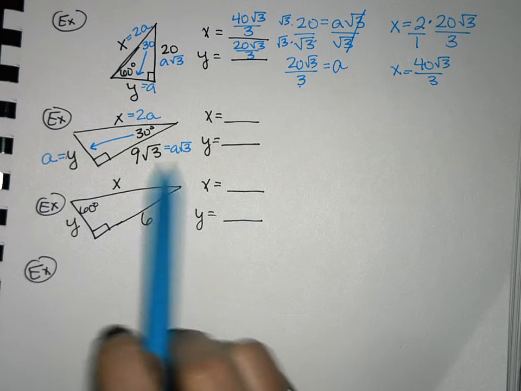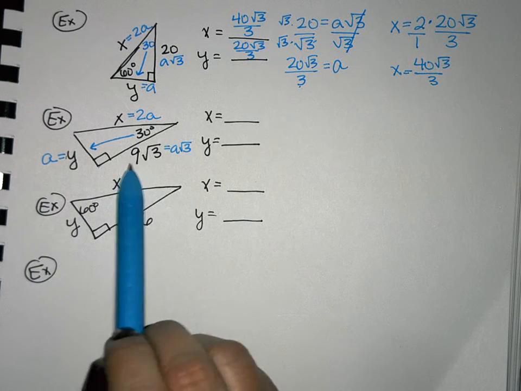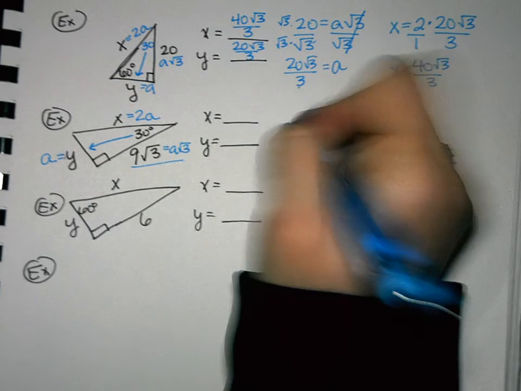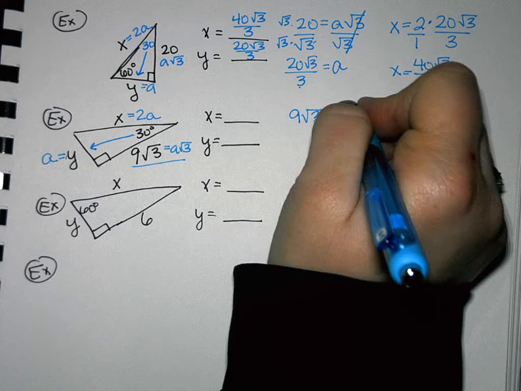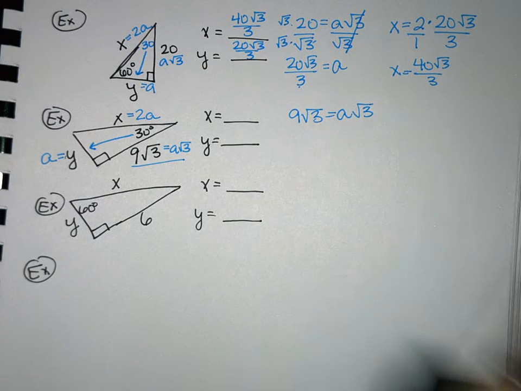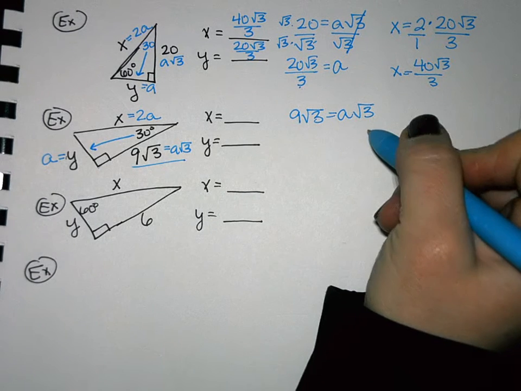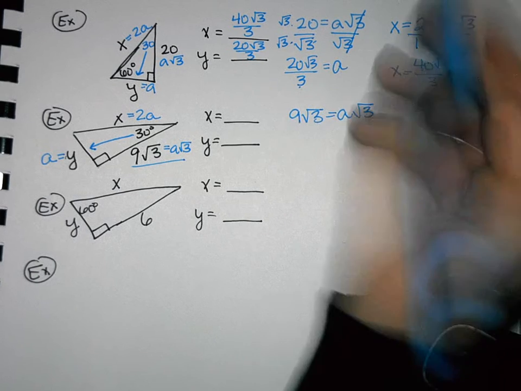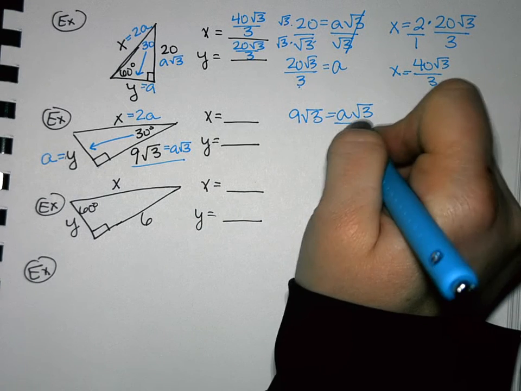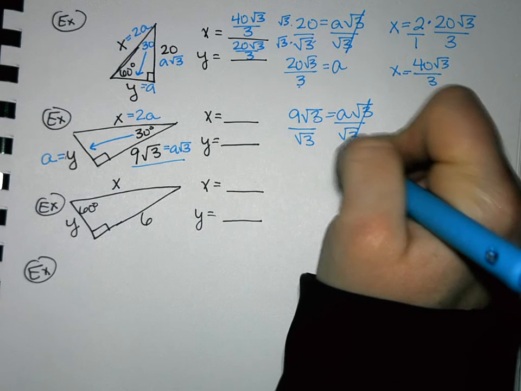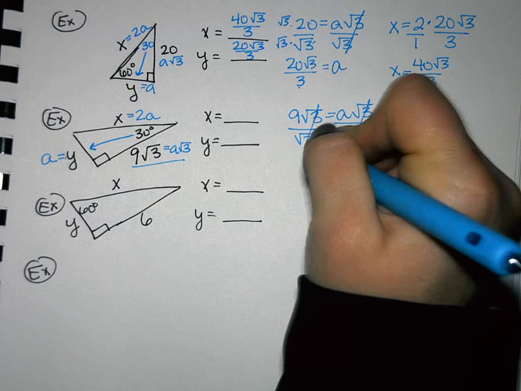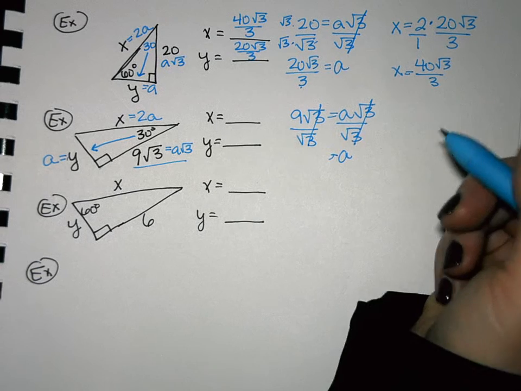So then once we have our pattern listed, here's the side that I know a length of. So if I take my 9 root 3 and set it equal to a root 3 and solve for a, just like we did in the second example there, we divide both sides by the square root of 3, but what happens here is that the root 3's will cancel out, so we don't have to rationalize.